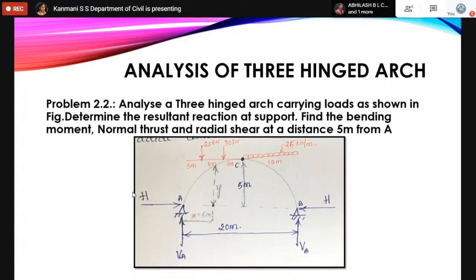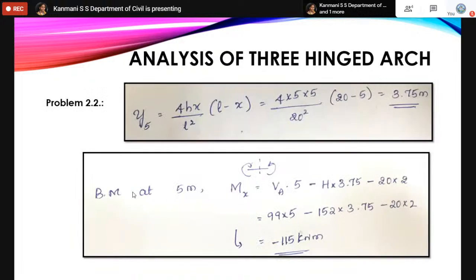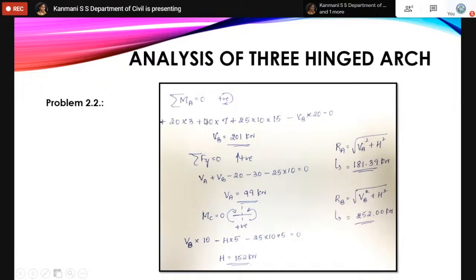So the first thing is we apply equations of equilibrium for the whole structure, along with the bending moment at point C equal to 0. We will apply that and find the reactions. So that is what we do first. We are applying the load. We put MA equal to 0, we get VB.